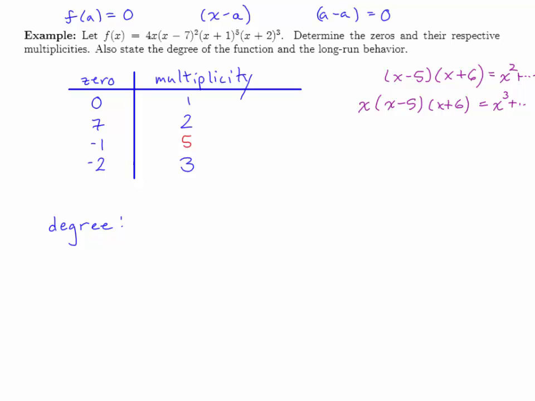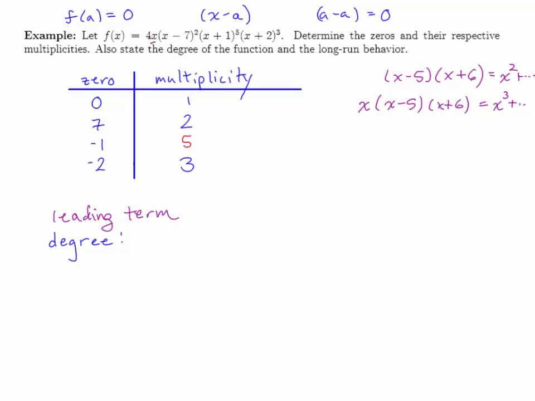So when we're determining the degree of a polynomial, we're only concerned with the leading term. So all that we need to do is figure out what that leading term is, and we don't actually have to multiply this out to do that. So if we want to state that leading term, what we'll do is we'll look at how many times x occurs in a factor.